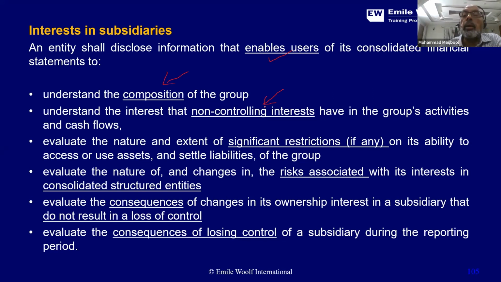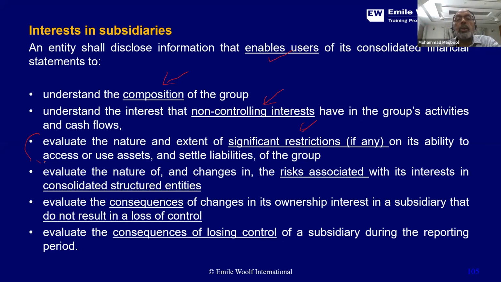And the interest in the group activity and cash flow, and significant restrictions, if any, on the ability to access and use the assets and settle liabilities. Like maybe there's a subsidiary of a UK company in Pakistan, but there's a significant restriction on transfer of funds these days. They need to be disclosed.